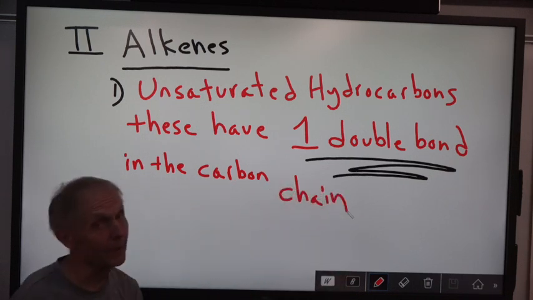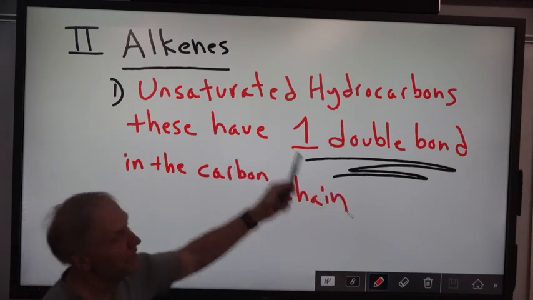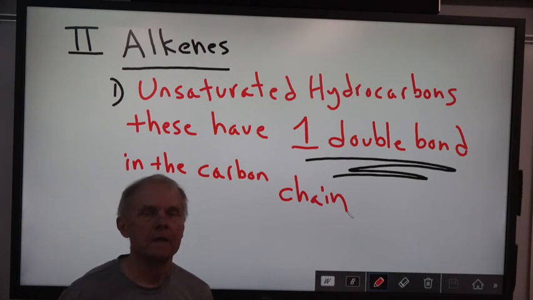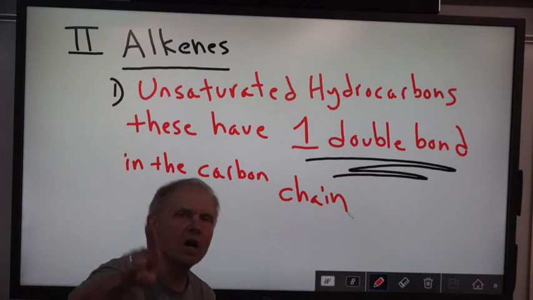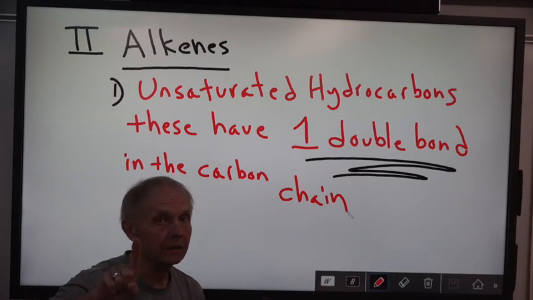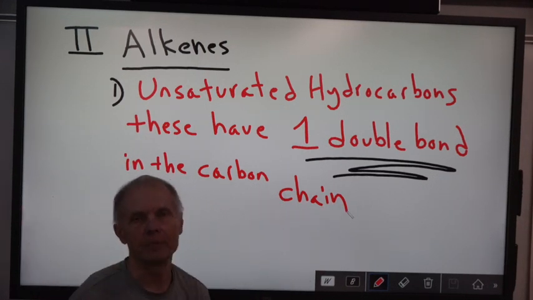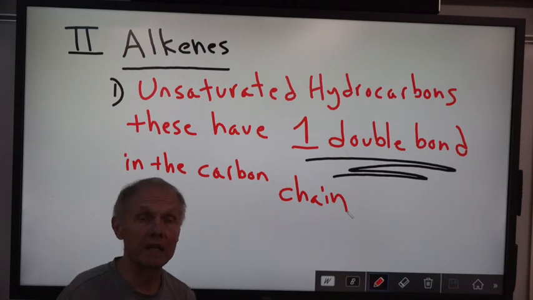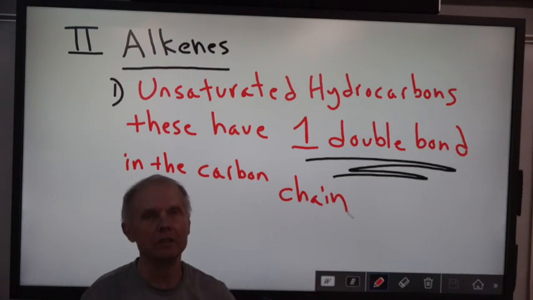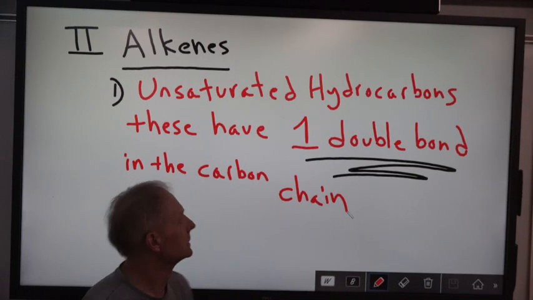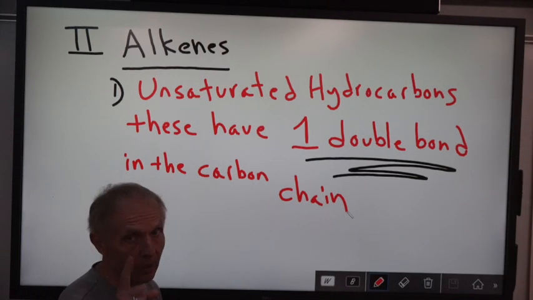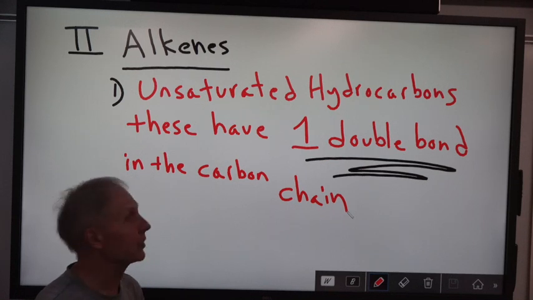All right, this is way different. Look it. If it's unsaturated and it's an alkene, that means it has one double bond somewhere in the chain of carbons. All right? Remember, alkanes had all single bonds, but alkenes got to have a double bond in there somewhere. All right? So that's number 1, and we're going to go over how to name those in a minute.